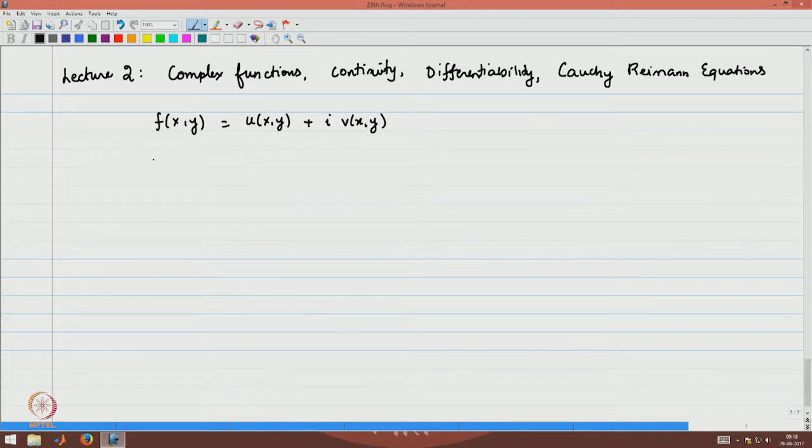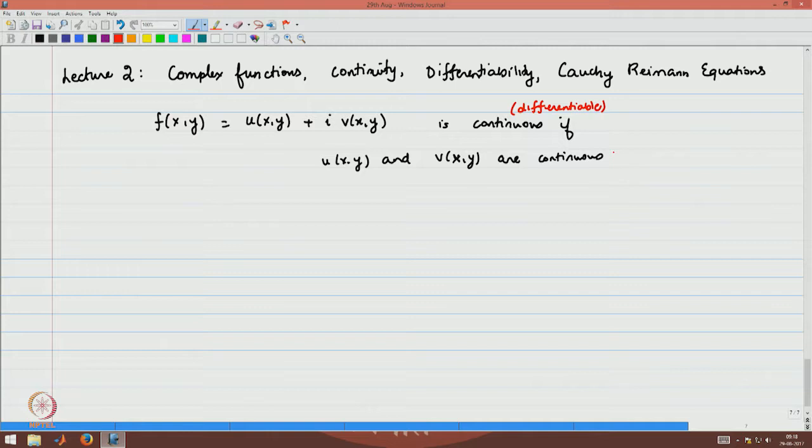This is continuous if u of x y and v of x y are continuous. Similarly, you can say it is differentiable if u of x y and v of x y are differentiable. So, continuous, and let me write in bracket, differentiable.